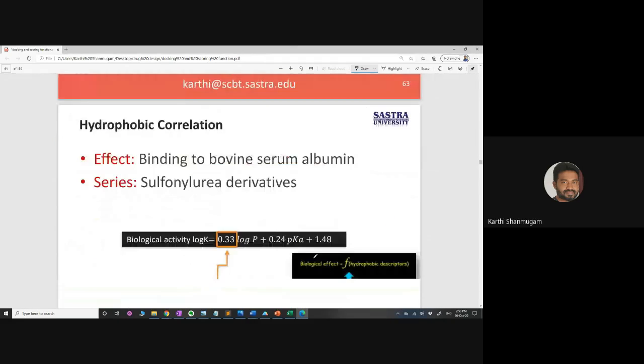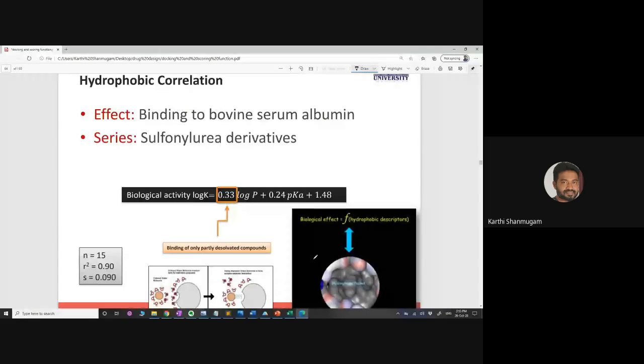Okay, so I'll tell how to read a Kaiser equation, how to infer the information out of the Kaiser equation, right? The first equation is biological activity. So far what we discussed is log 1 by c as a biological activity. Here it is not log 1 by c, they have taken log k.